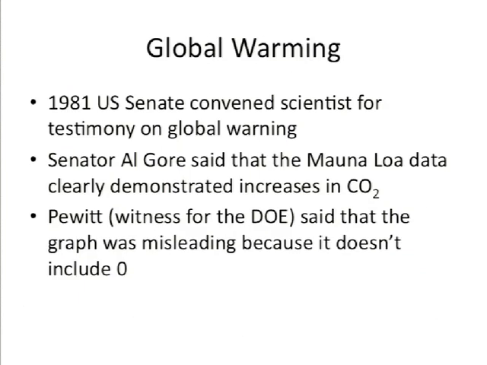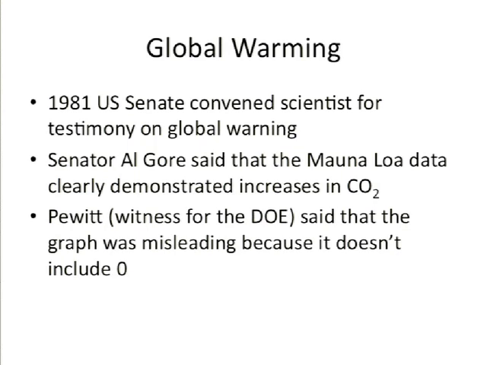Okay. So a scientist, Pewitt, who was a witness for the Department of Energy, said that he thought that Gore's plot was very misleading. He said it was very misleading because it didn't include zero on it.